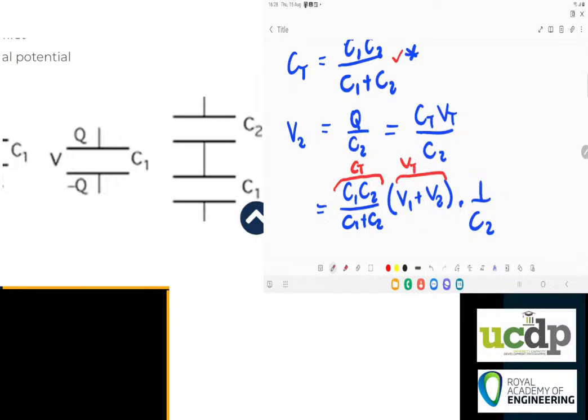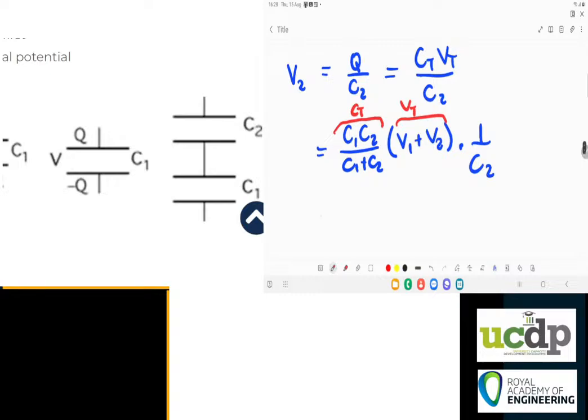And that's your over C2 like that. So what next? We can re-express this. C2 is common. Then we have C1 over C1 plus C2 multiplied by V1 plus V2, the total voltage.